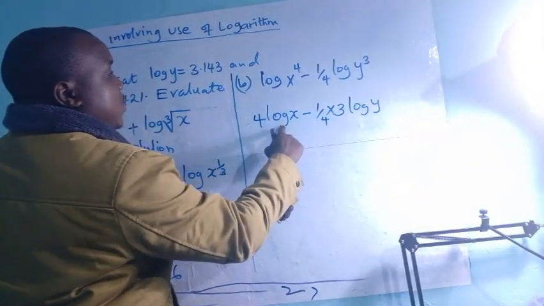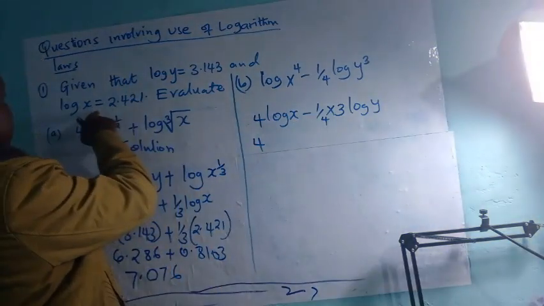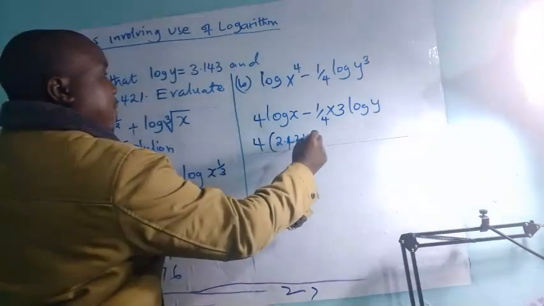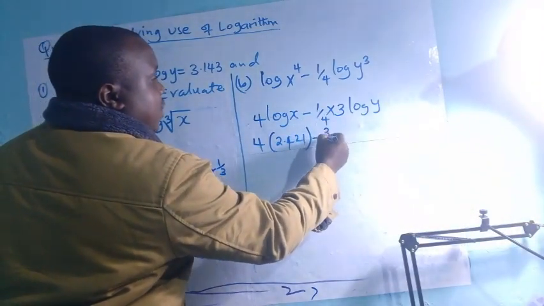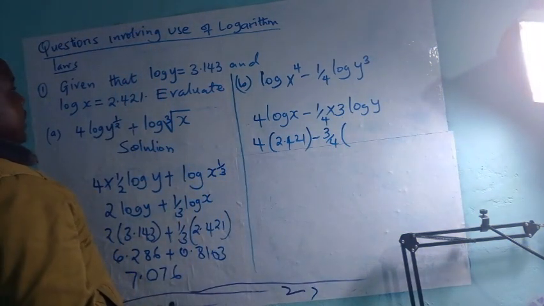Then now substitute with the log, that is 4 log x, and our log x is 2.421, minus 3 over 4 into the log of y, which is 3.143.